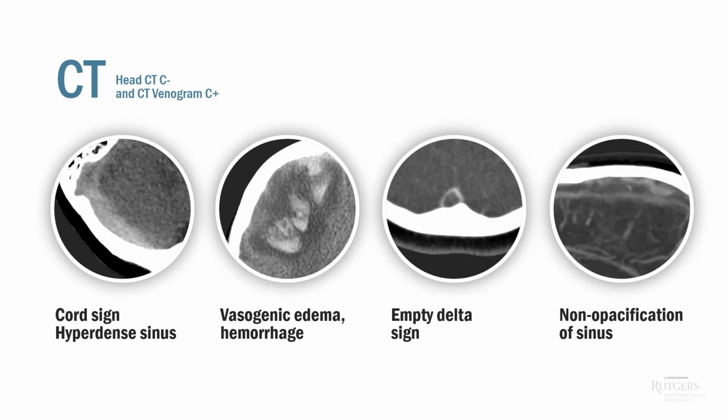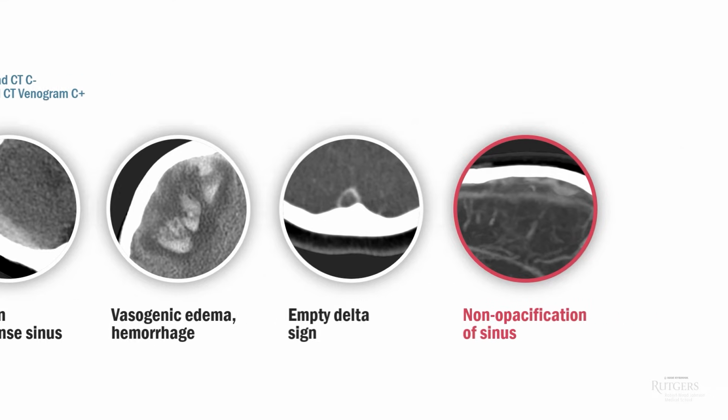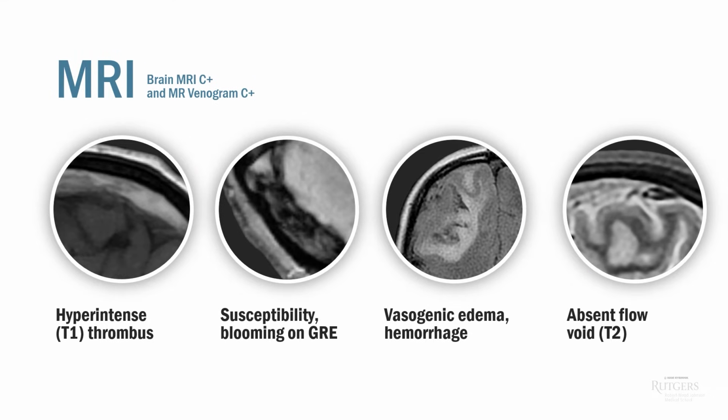When reviewing CT-based studies, you're looking for cord sign or hyperdense sinus, vasogenic edema and hemorrhage of venous infarction, empty delta sign, and general non-opacification of a sinus. MRI-based studies will show hyperintense thrombus on T1 in the subacute or methemoglobin stage.